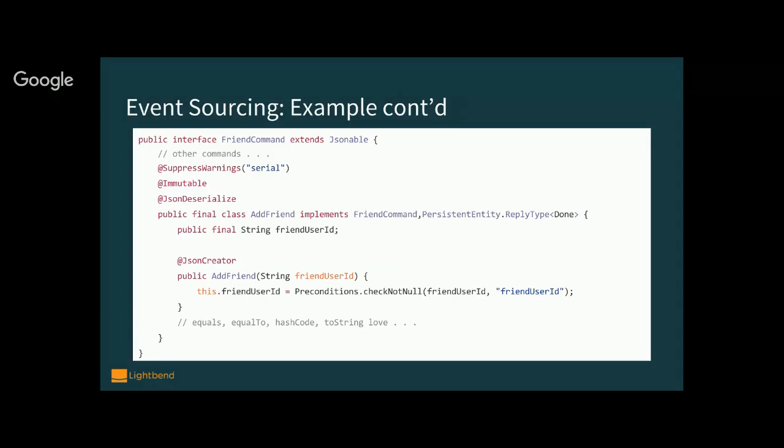We have FriendCommand, with AddFriend being the idea. FriendCommand is kind of like the root command class. It's going to have an ID, and then you're going to have a method called AddFriend, which is going to take in your friend's ID. And here you'll see Preconditions.checkNotNull.